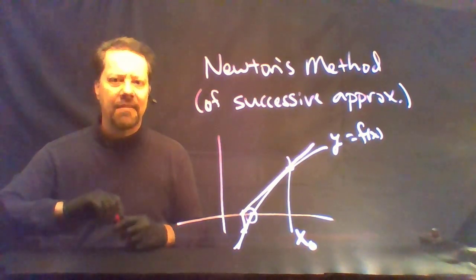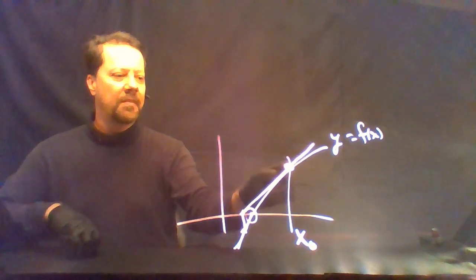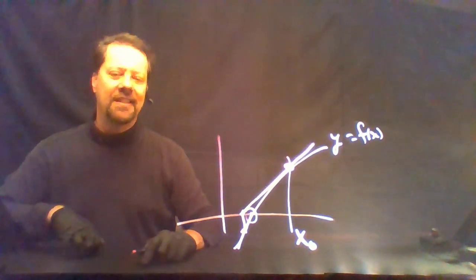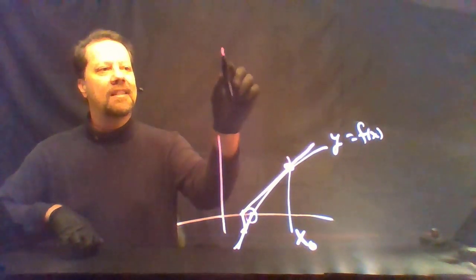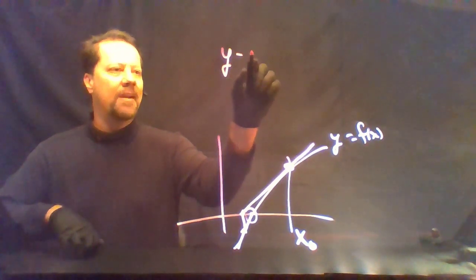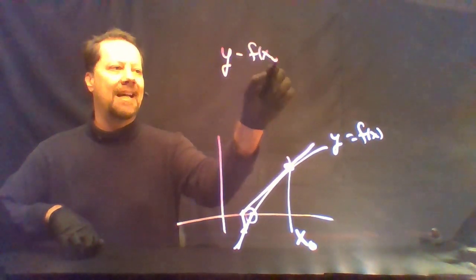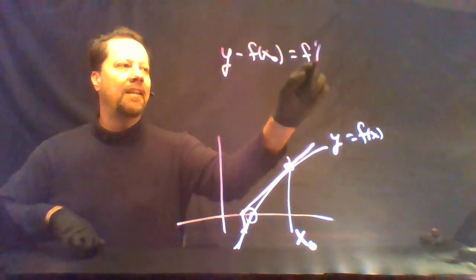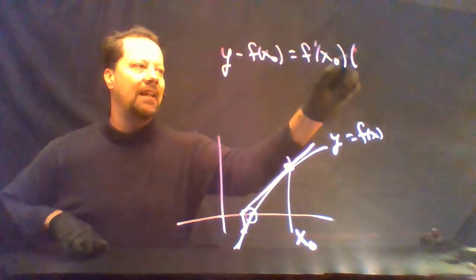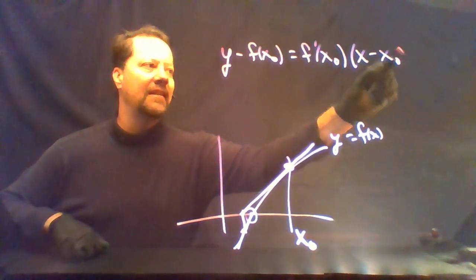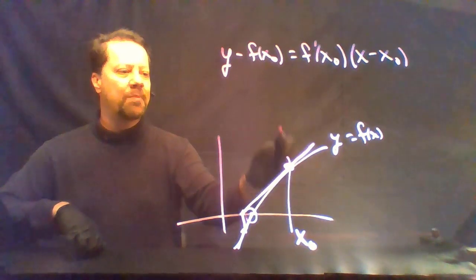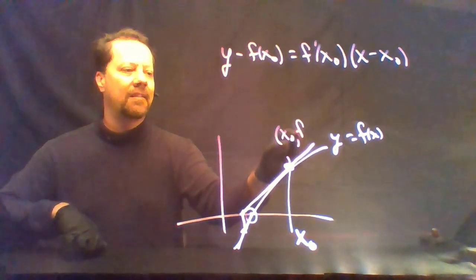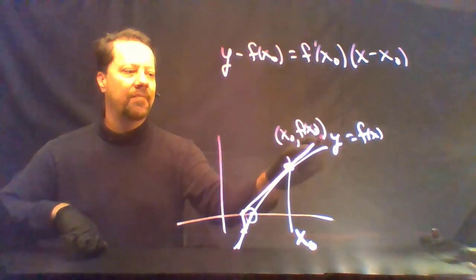Let's develop this method. First, let's write down the equation of the tangent line. The tangent line, you'll recall, was y minus f of x naught equals f prime of x naught times x minus x naught. This point is x naught, f of x naught.